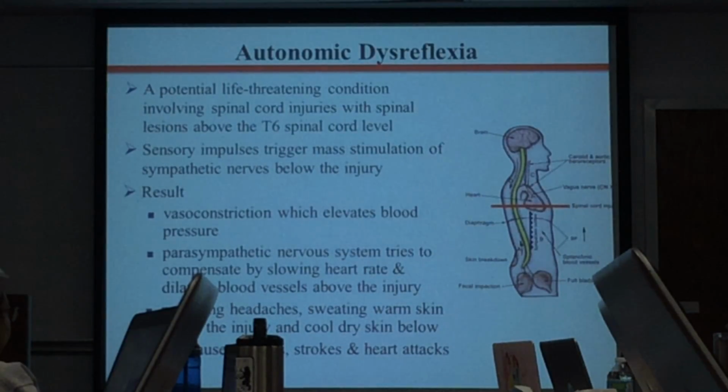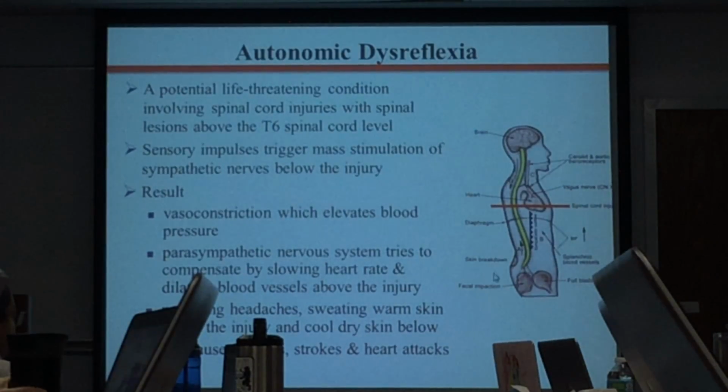Then it sends feedback information and says, okay, we have activated the sympathetic nervous system, the parasympathetic system needs to be activated. So above T6, the parasympathetic system is hyperactivated, intending to counteract the activated sympathetic system below.